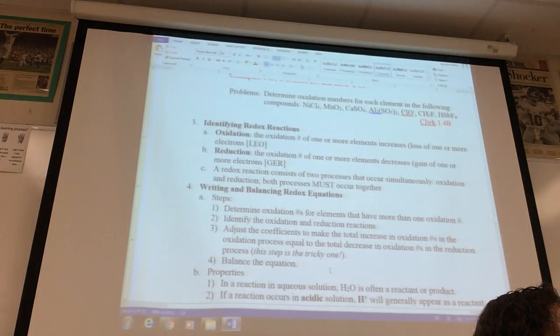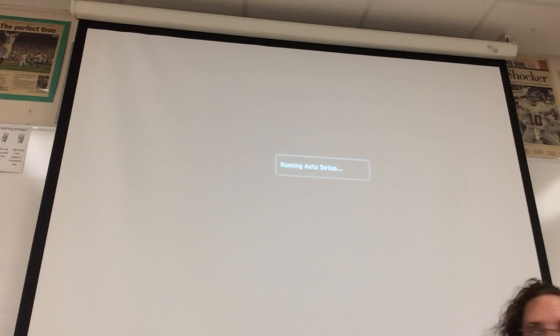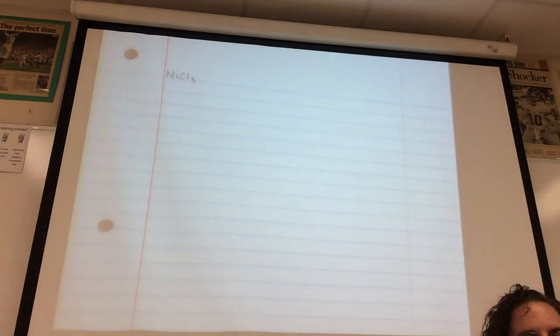If we look at the problems listed here, I'll refer to the rules as we go, and I'll show you how to work these. In the first example, which I'm going to put up on the screen, what is the name of this compound?